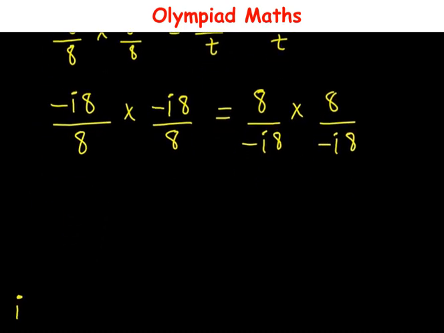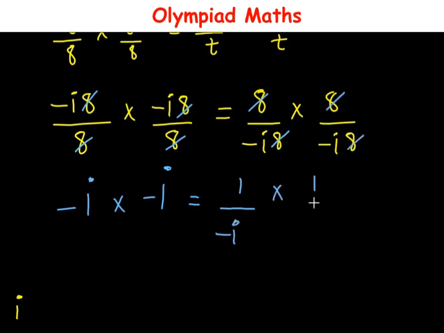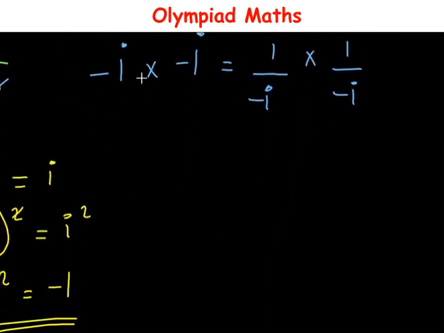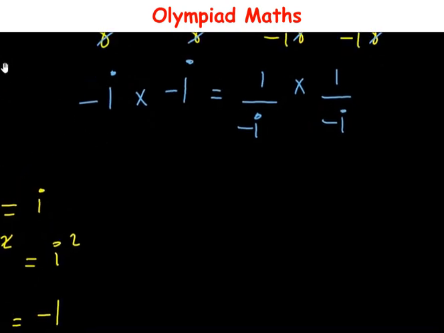So with this, 8 divided by 8, we have minus i, times minus i, is equal to 8 divided by 8, we have 1 over minus i, times 1 over minus i. So from here, minus i times minus i is equal to plus i squared, is equal to 1 times 1 is 1 over minus i times minus i is equal to plus i squared.